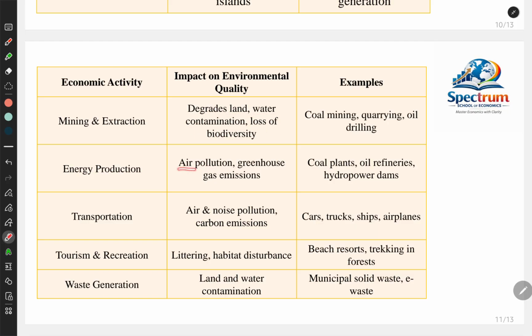Energy production will lead to air pollution and greenhouse gas emissions. Transportation will lead to air and noise pollution and carbon emissions. Tourism and recreation lead to littering and habitat disturbance. Waste generation also leads to land and water contamination.